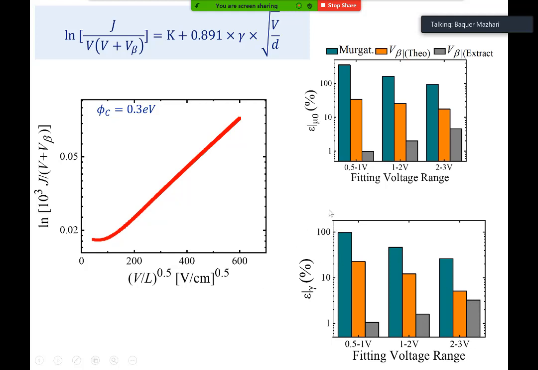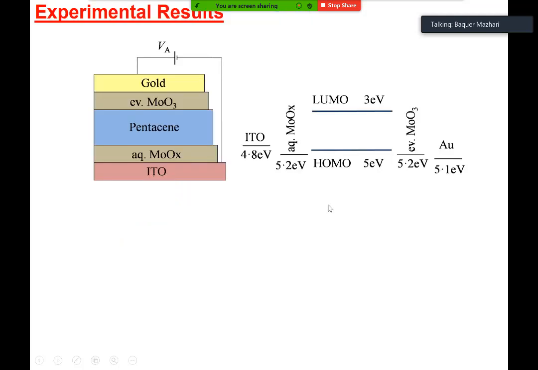All right, so let me show you an experimental result. That was the simulation data. This is a single layer hole-only device made using pentacene with MoOx on both sides. On one side is an aqueous MoOx, and on the other side we have an evaporated molybdenum oxide with a gold contact. On the other side is an ITO.